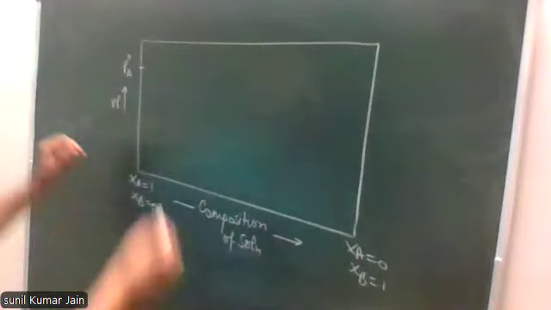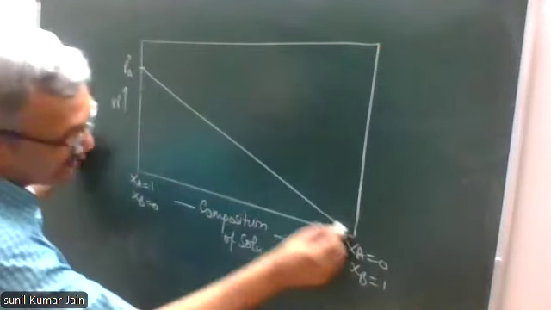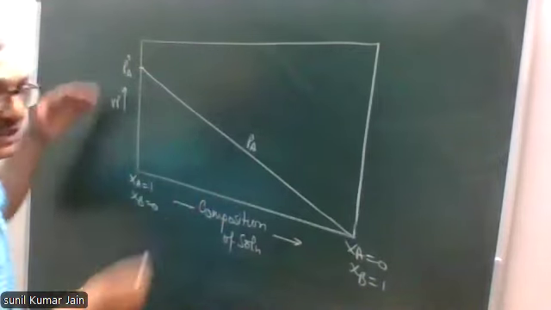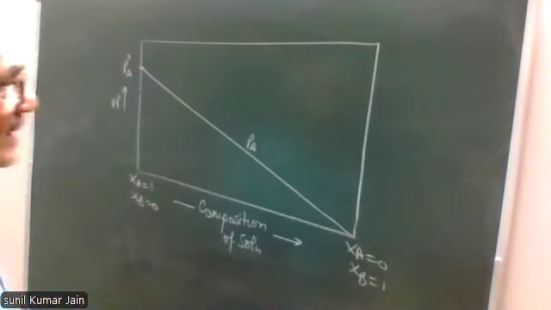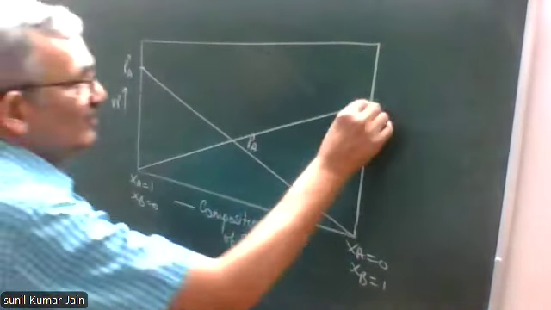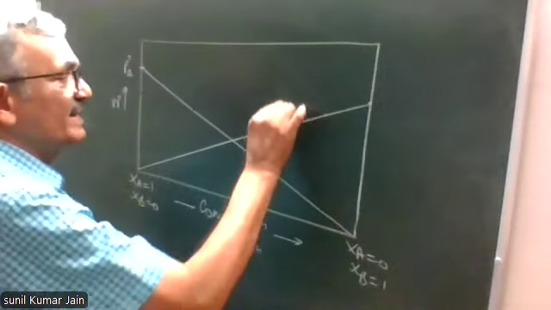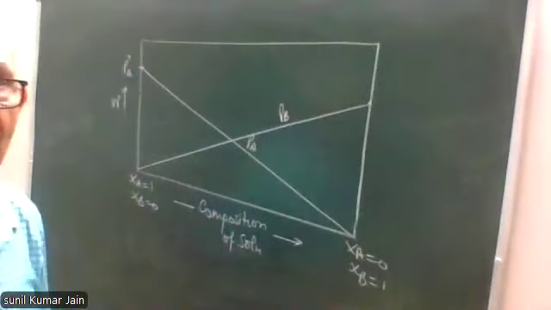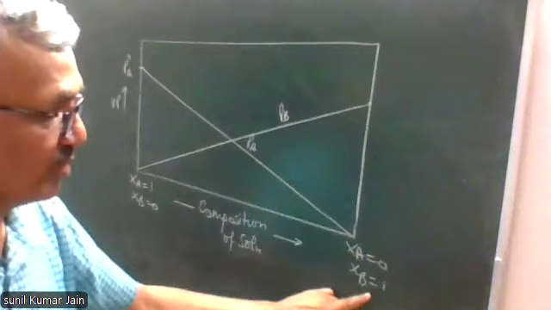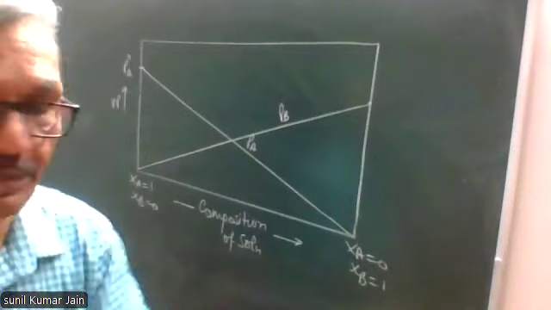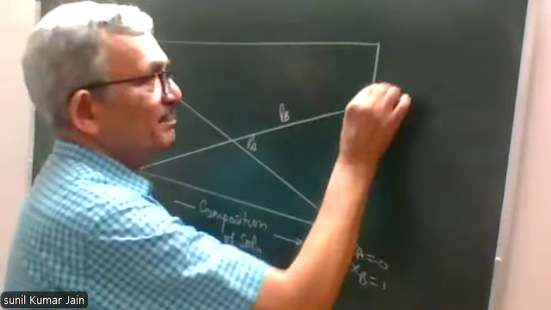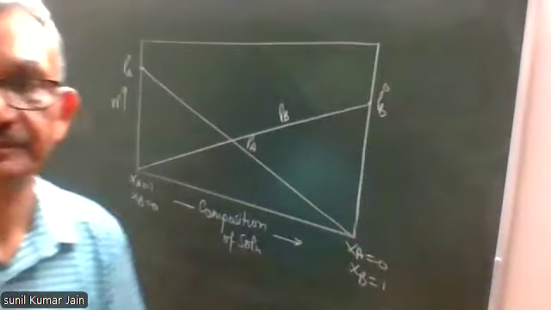From left to right, the value of PA will keep on decreasing and the value of PB will keep on increasing. When it is almost pure B, it will be P naught B.